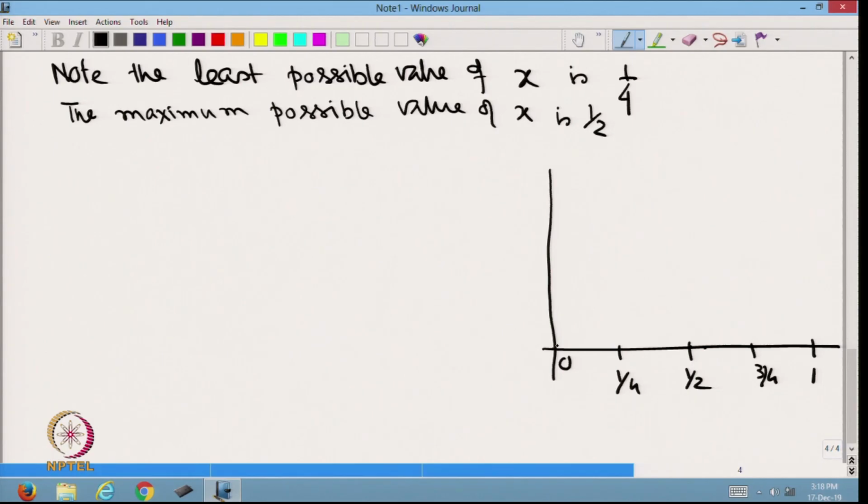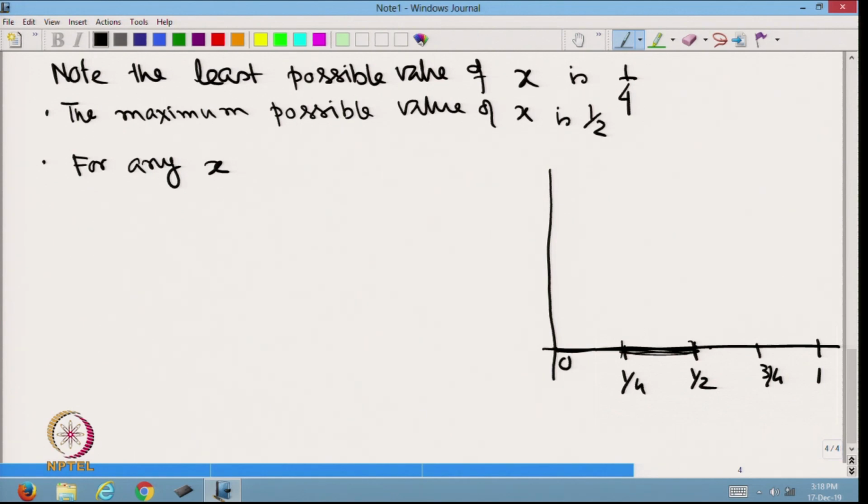Thus, we could see the possible values for x has to be from this range. Also note that for any x in this range, the possible values for x are between 1 by 4 to half.